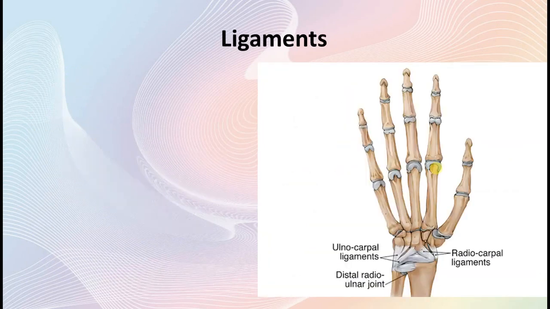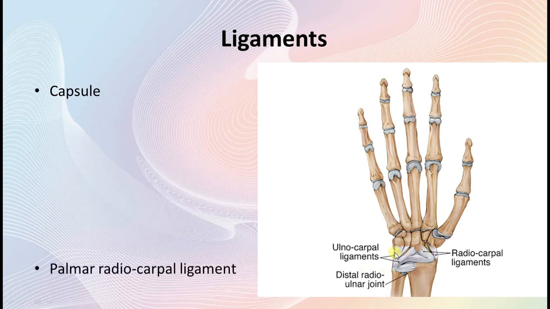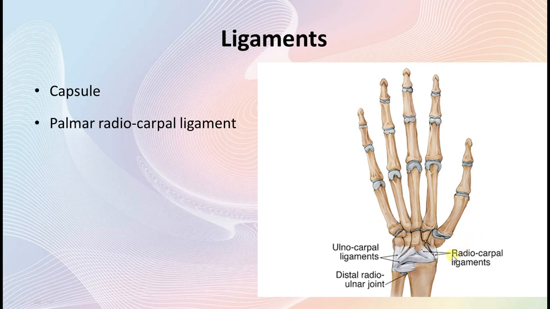Now, coming to the ligaments, it has a capsule which invests the joint; the articulating surfaces are covered by it. Then the ligaments are the palmar radiocarpal and the dorsal radiocarpal ligaments. So, on the radial aspect, you have, on the palmar and dorsal side, the palmar and dorsal radiocarpal ligaments.